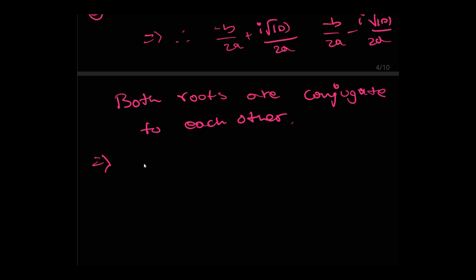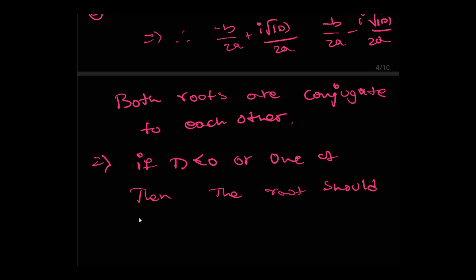From here we can confirm that if the discriminant is less than 0, or one of the roots is complex, then we can say that the other root should be the conjugate of the root given.